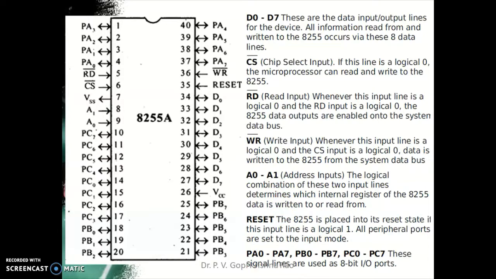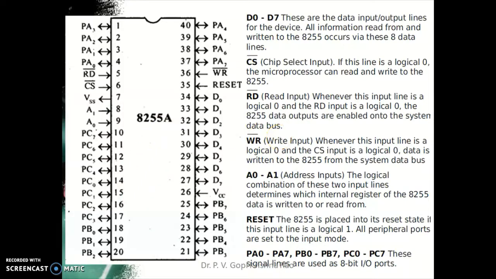When the 8255 is reset, all its functionalities are brought back to the normal state, and all the ports are configured as input ports. Port A0 to A7, port B0 to B7, and port C0 to C7 are used as 8-bit I/O ports.